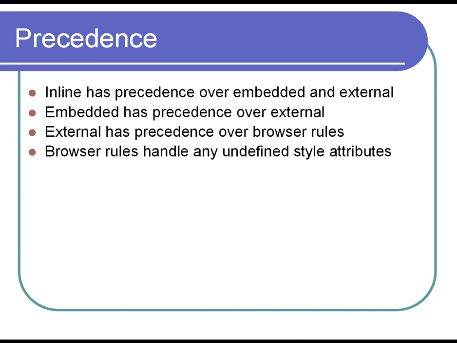External has precedence over browser rules. Browser rules are standard, but if you have an external style sheet, it takes precedence. And then browser rules handle anything undefined. That makes sense because that allows you to change individual things in a web page, or change an entire web page in a group, or make a whole group of web pages that's going to overshadow anything the browser does, and then anything you haven't taken care of, the browser handles.